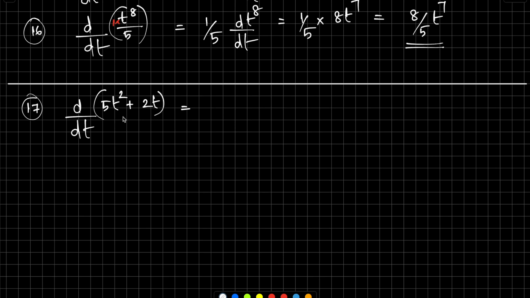First step is to split the terms. Open the bracket, give d by dt to each term. Differentiate each term with d by dt. So d by dt of 5t square plus d by dt of 2t.